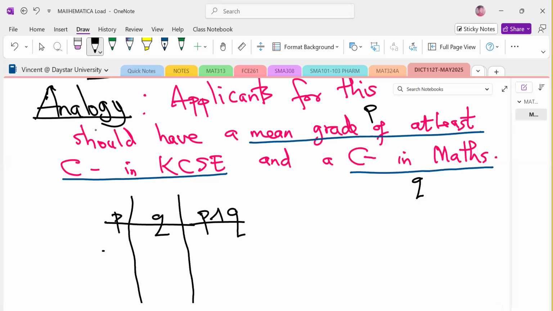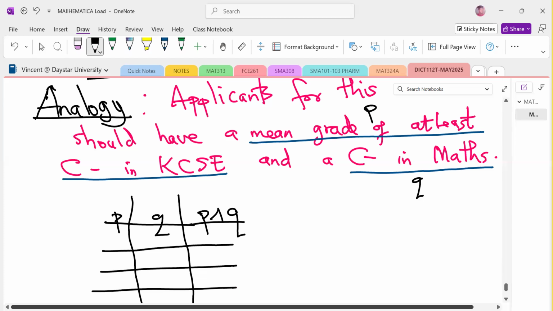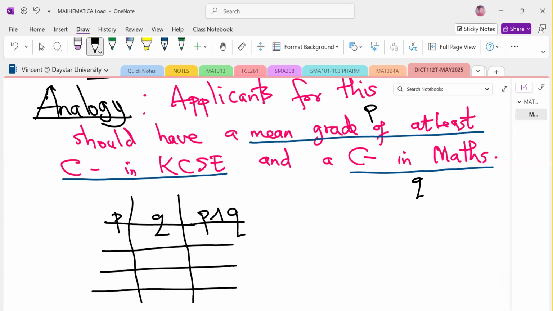So I'll have 1, 2, 3, 4. So true, true, false, false, true, false, true, false.